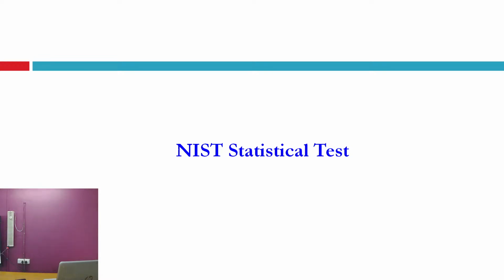What I was talking about, they have a white paper for the NIST test bed. On the NIST website you can download that test bed, and all things are there. We have 15 tests prescribed by the NIST.